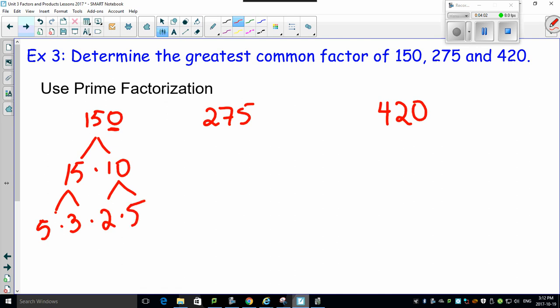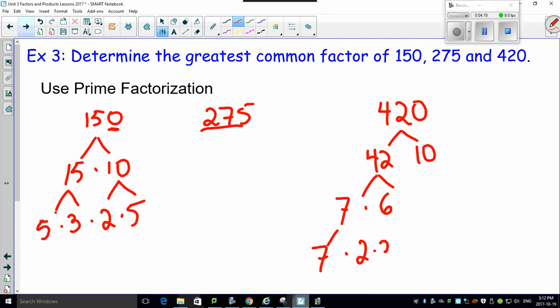That's 2 times 5. Let's skip over this one for a second. Let's go right to this one because it's virtually the same. That's 42 times 10. I know I can break 42 down into what? That's right, 7 and 6. Perfect. That breaks down to 7 times 2 times 3. That's the 6. The 10 can break down to 5 and 2. Okay, so there's my prime factorization of that one.